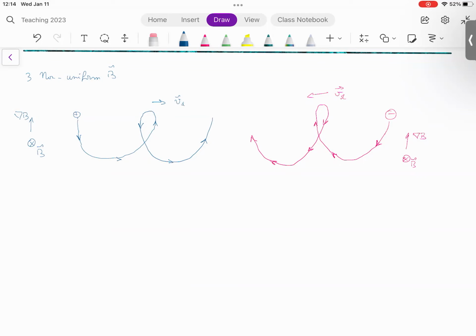Otherwise, it will be quite a bit of a nightmare to sort this out. Now, I am going to assume that the Larmor radius is much less than the absolute value of B over the absolute value of grad B.